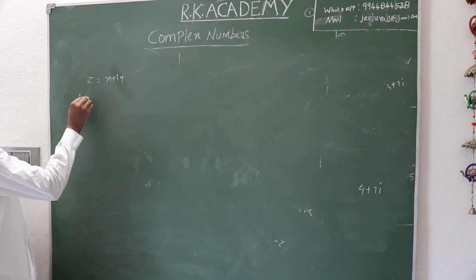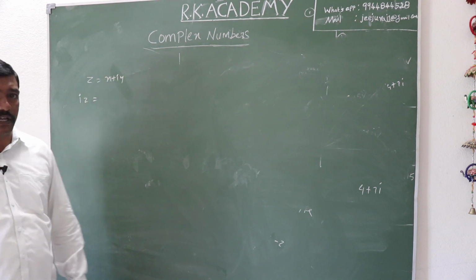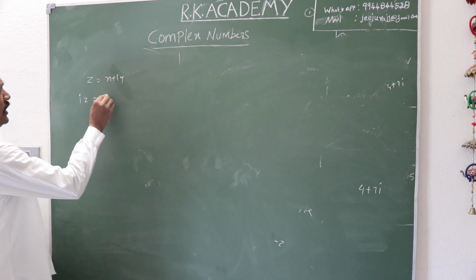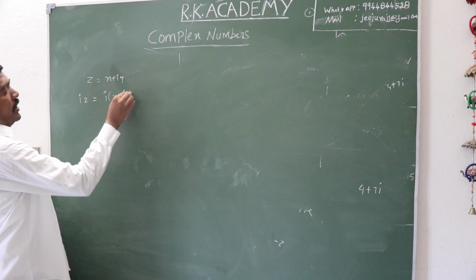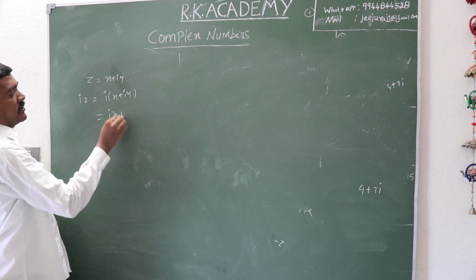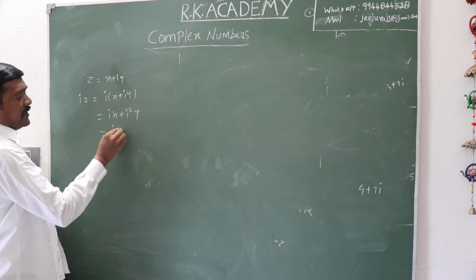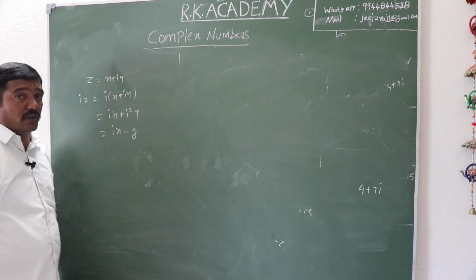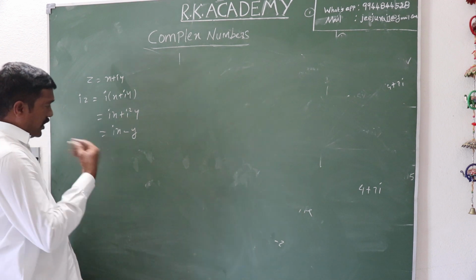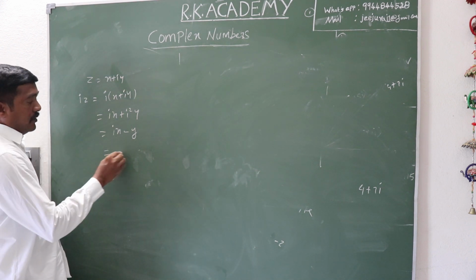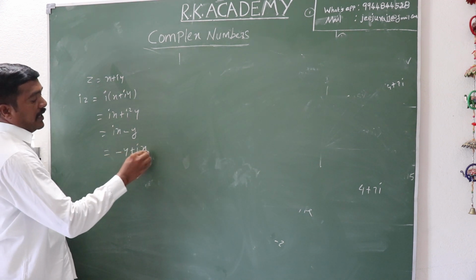Now I am going to multiply by i. Okay, i into x plus iy, ix plus i square y, ix minus y, because i square is minus 1. Now write in the form of rectangular, minus y plus ix.